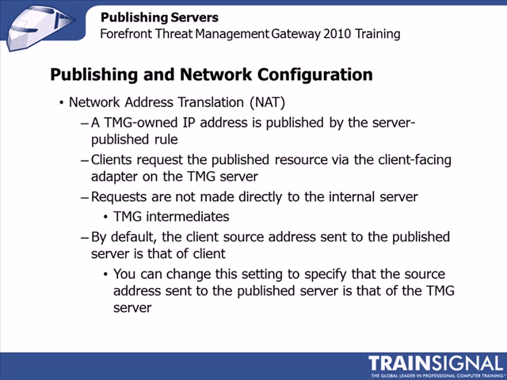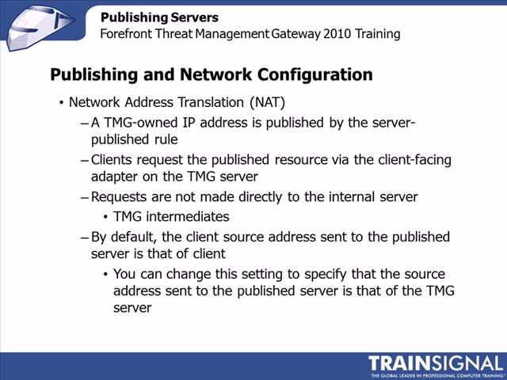So, how do various network configurations affect how you access resources through Threat Management Gateway? Let's start with network address translation. When you're using network address translation, a Threat Management Gateway owned IP address is published by the server publishing rule. Basically, you have that whole listener thing that we talked about, and we'll see that in action soon.